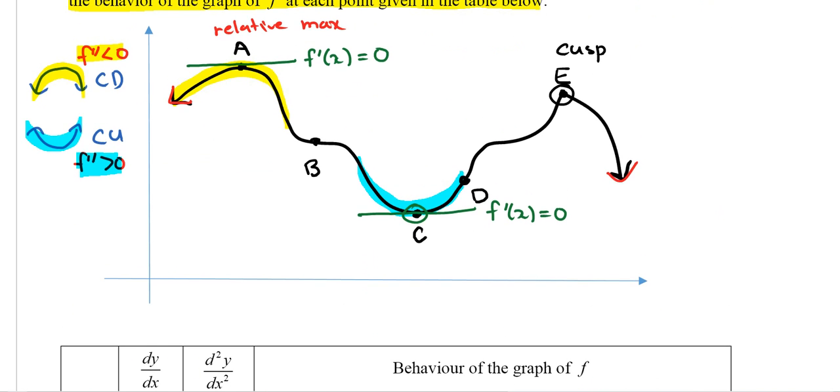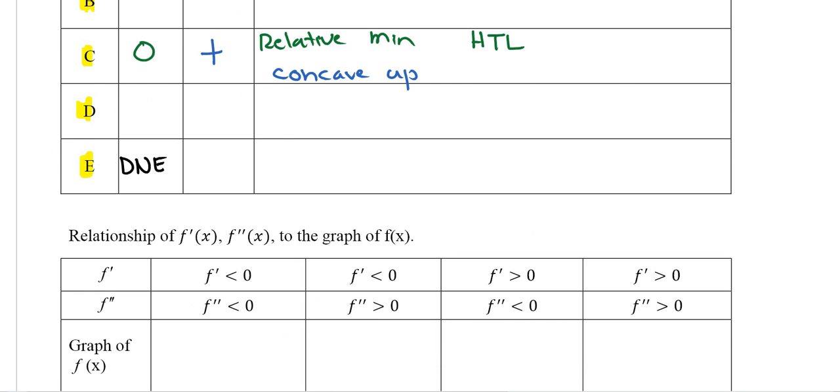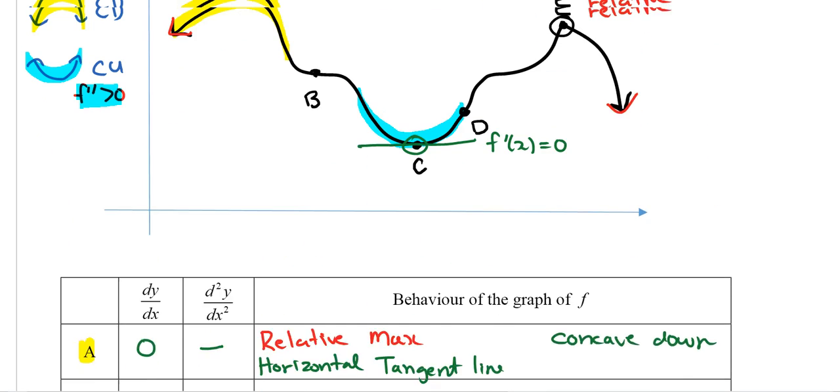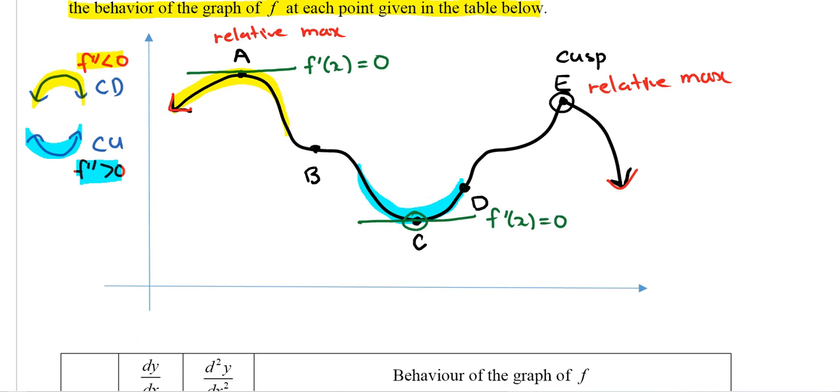But even though I don't have the derivative at that point, this looks like a relative max. So I can definitely fill that in over here. This will be a relative max. And the only other thing I conclude right here is, let's look at the right-hand side.